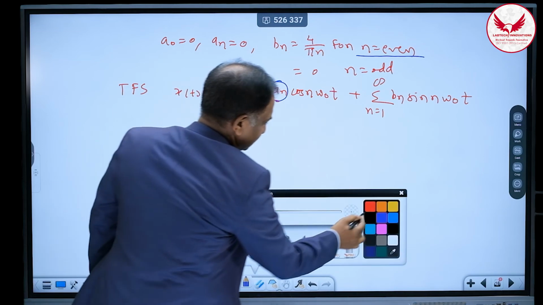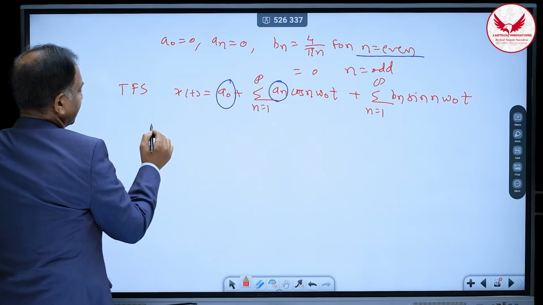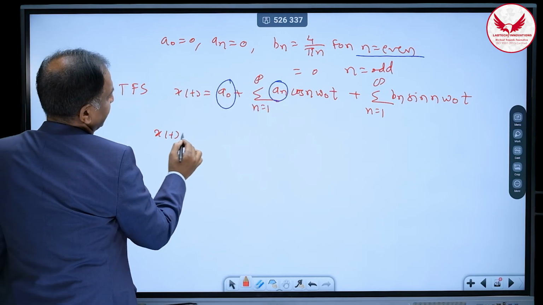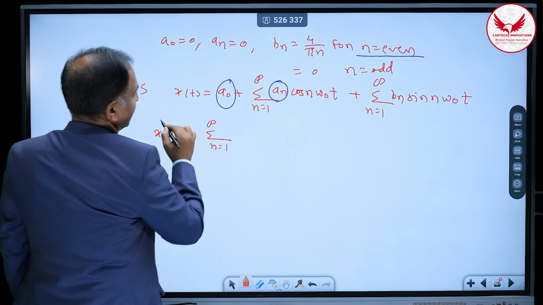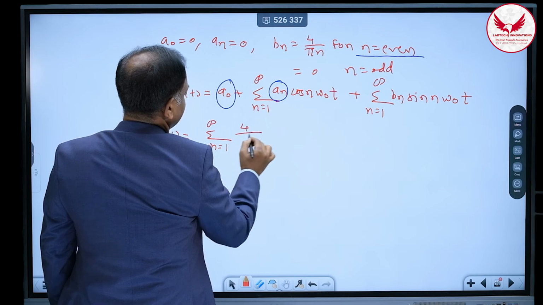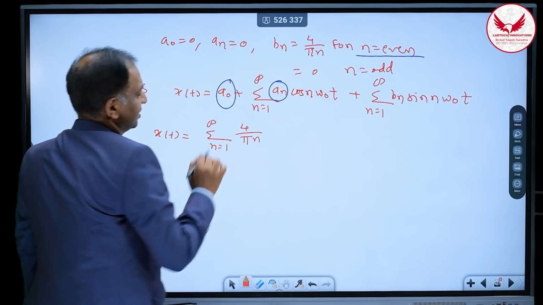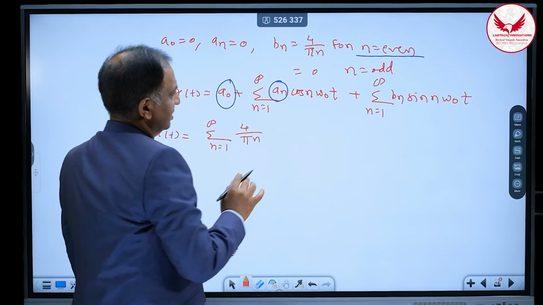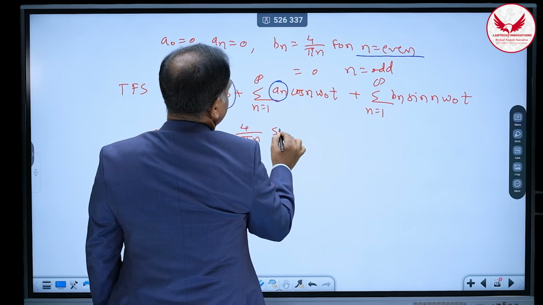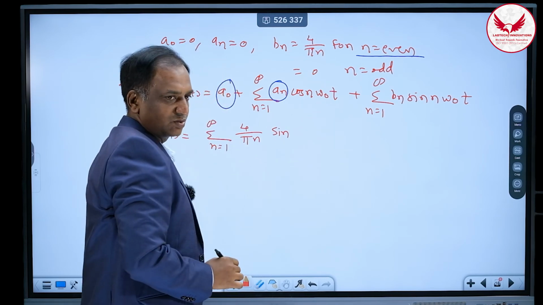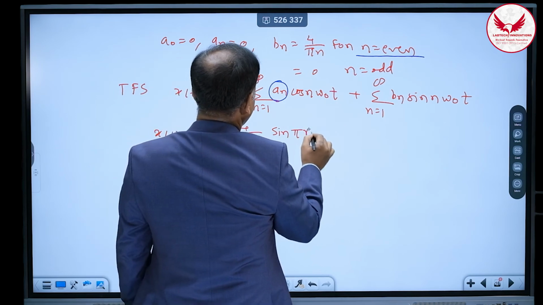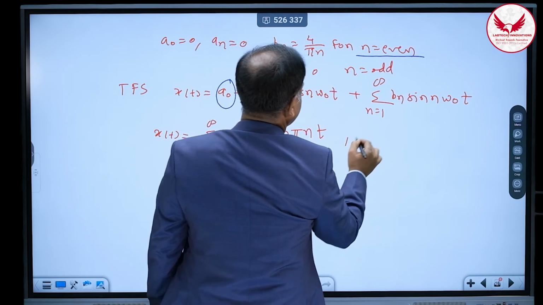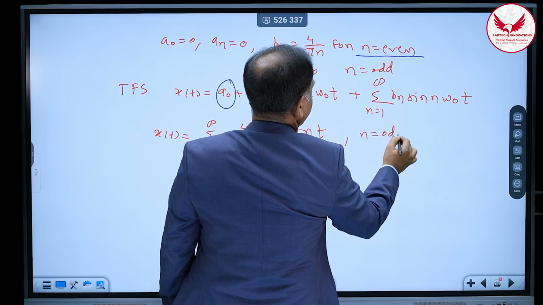So we can write the trigonometric Fourier series as x of t is equal to summation n is equal to 1 to infinity, and bn is 4 upon pi n for only n is equal to odd, into sin n omega 0 t. Omega 0 we have seen is pi, so it is sin pi n t, for n odd.